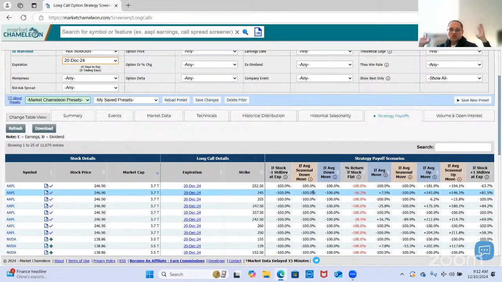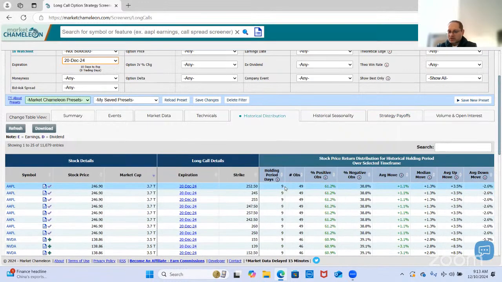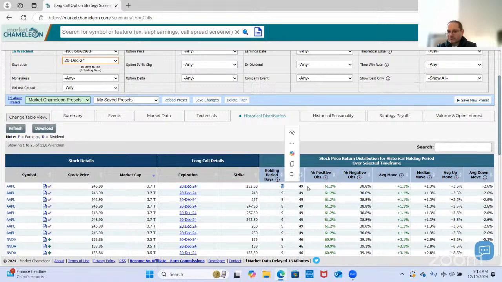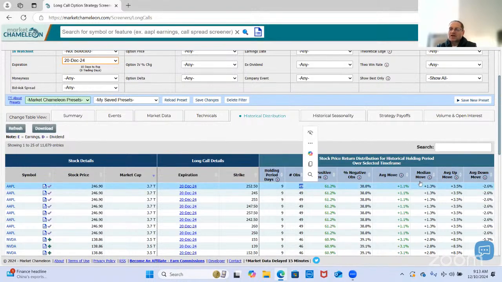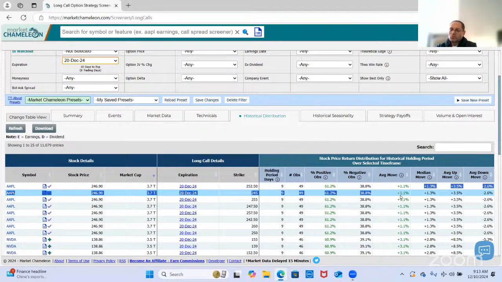What about if we looked at not the seasonality, but just the average move in a 10-day period using historical data? That would be here. This is a 9-day hold period. We have 49 historical observations. And on average, the stock does move up 1.1%. Okay, so using that, if we move up 1.1%, what will be the payoff of this option?